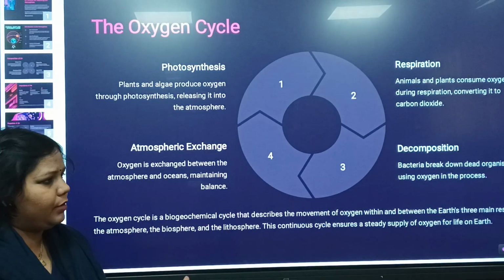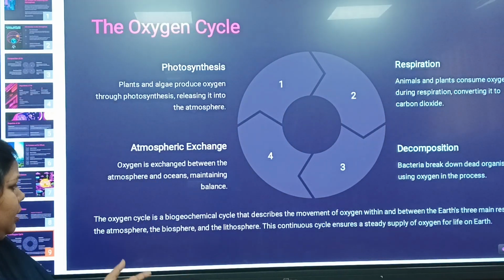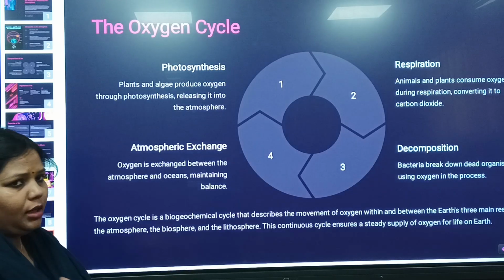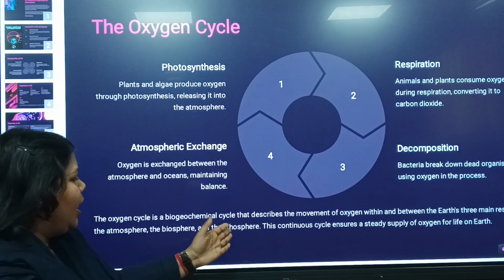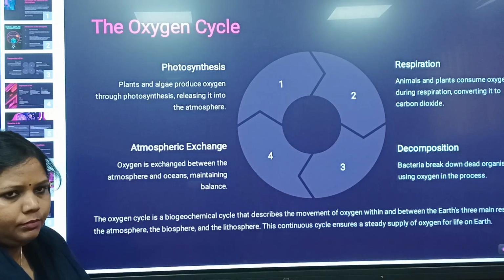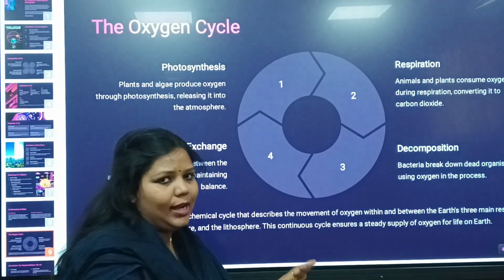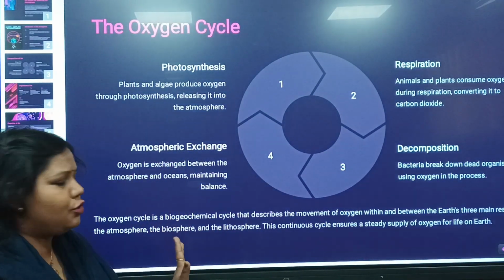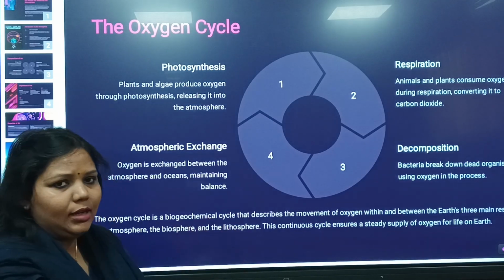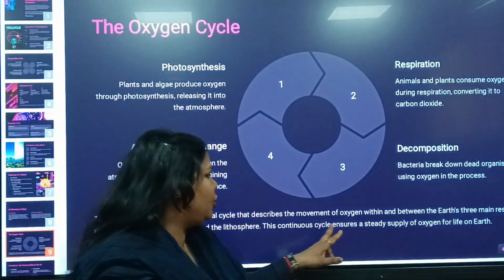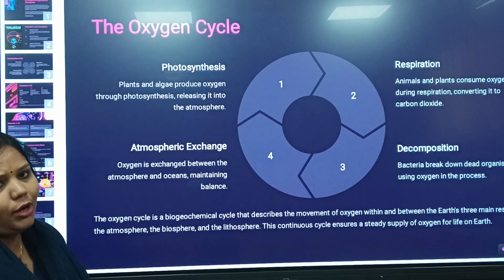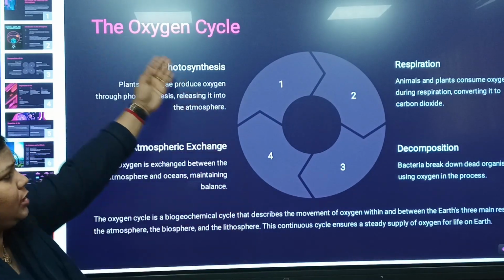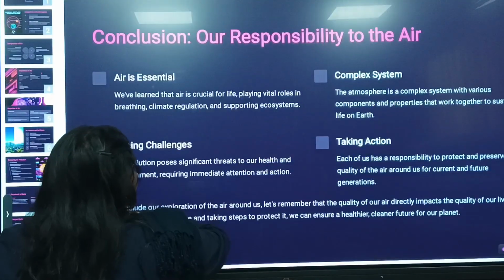Atmosphere is the blanket of gases present near the earth, the biosphere is land and sea, and the lithosphere is the complete land part. The continuous cycle ensures a steady supply of oxygen for life on earth. So basically this oxygen cycle is very important.